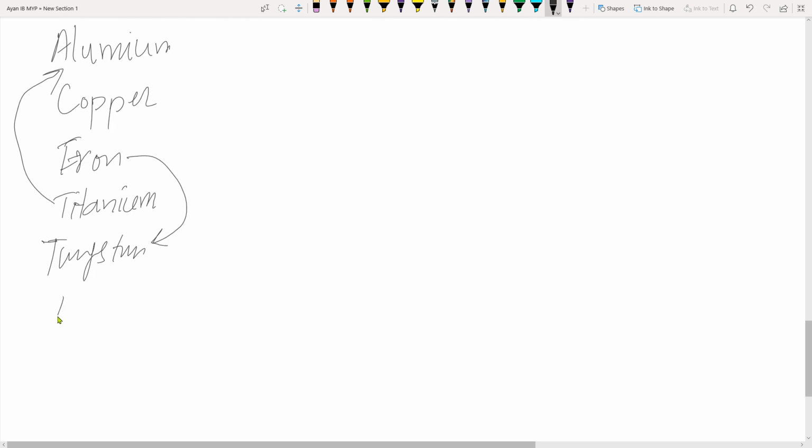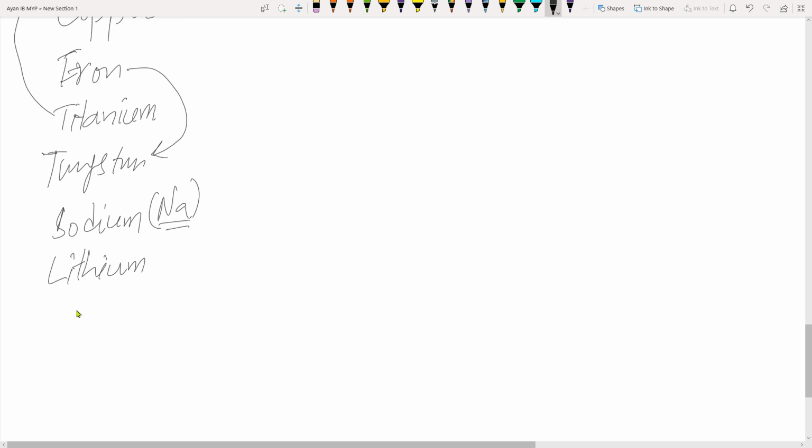We also know the metal sodium, represented by the chemical symbol Na, and we're going to learn about these as well. Then we have lithium. You know about lithium because you have lithium batteries in your phone; that battery contains this metal. And we also know many elements like oxygen, the one that we breathe, but this is in gaseous form.